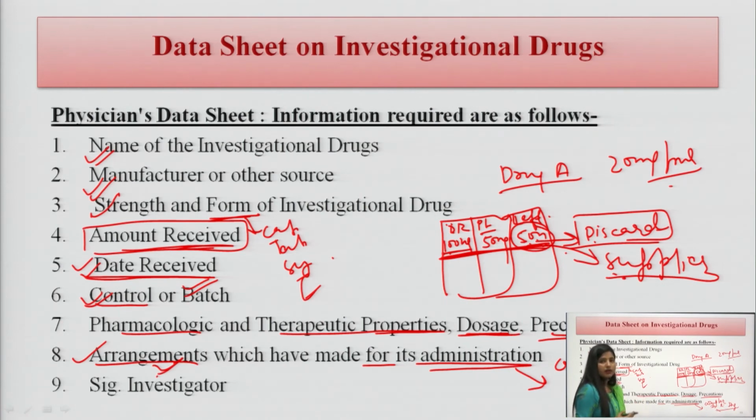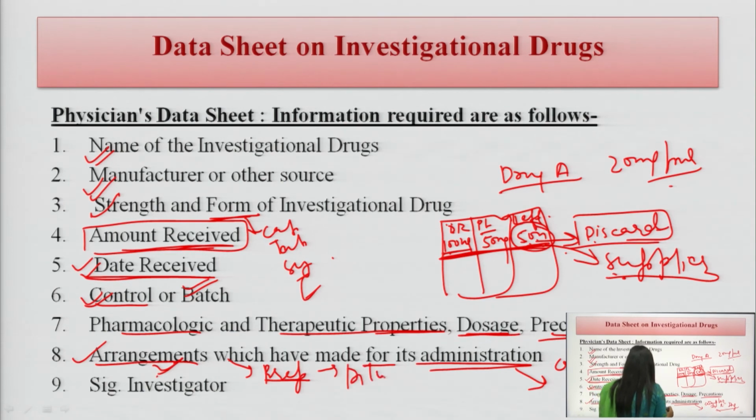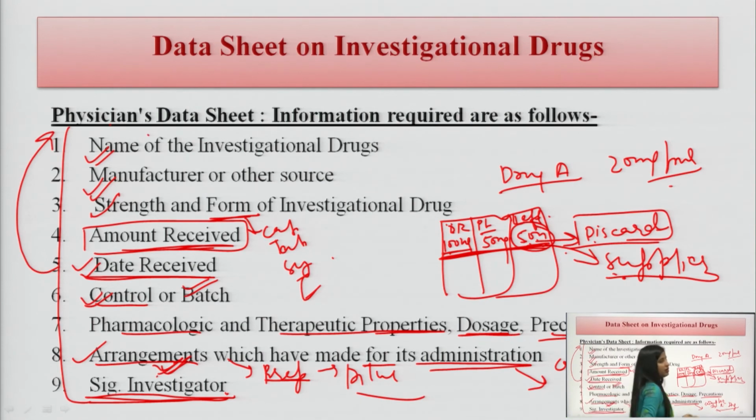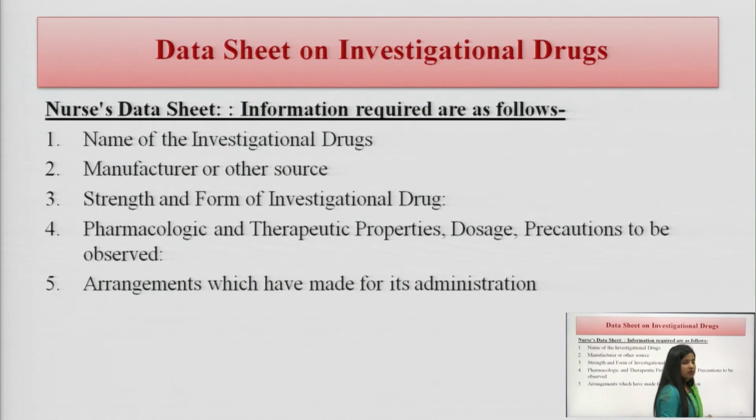Some products are needed for preparation of the formulation, meaning the dilution of the product. At that time arrangements are needed. Then there is the signature of the investigator. All this information is given by the physician, and it is written on the data sheet provided by the physician. Similarly, there is a nurse data sheet.